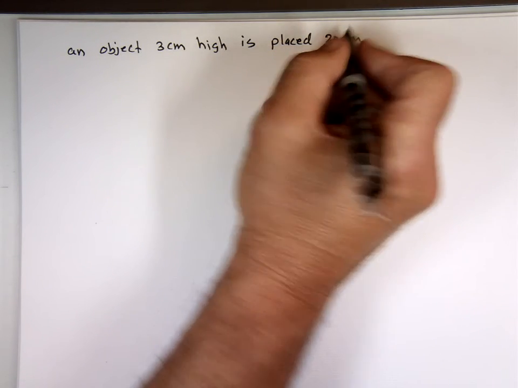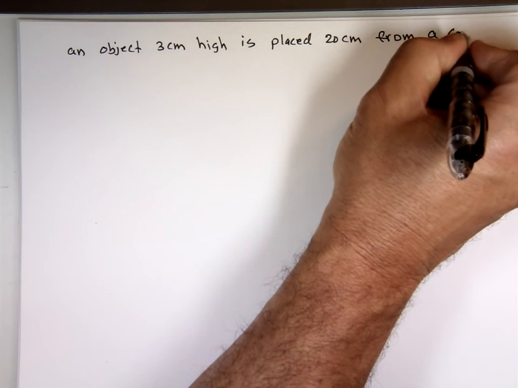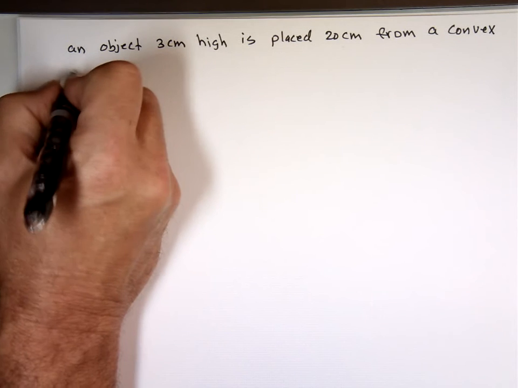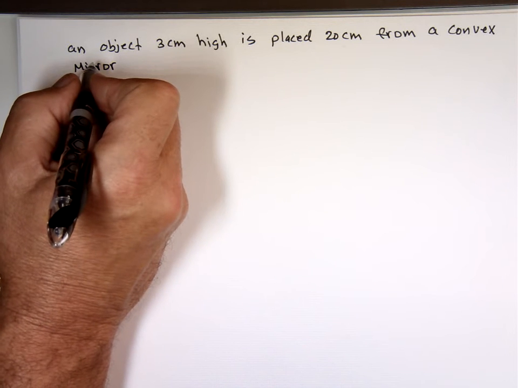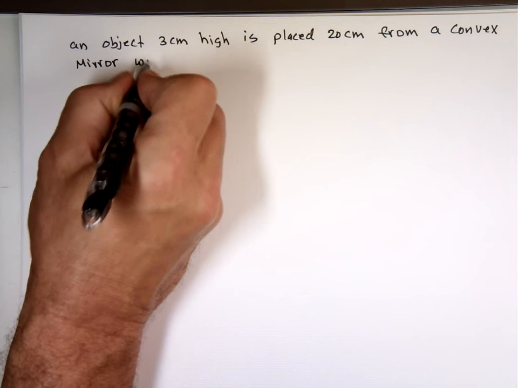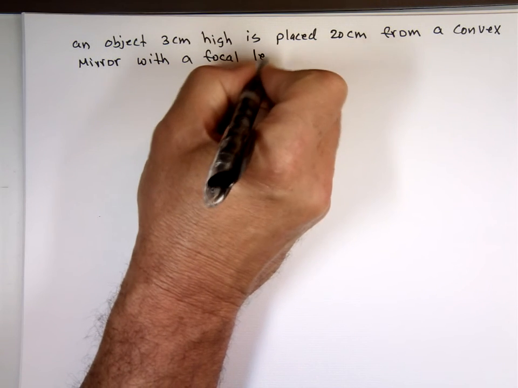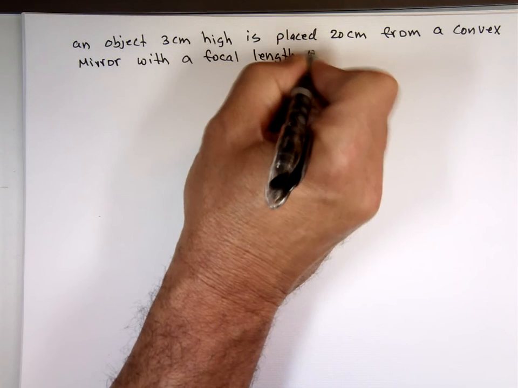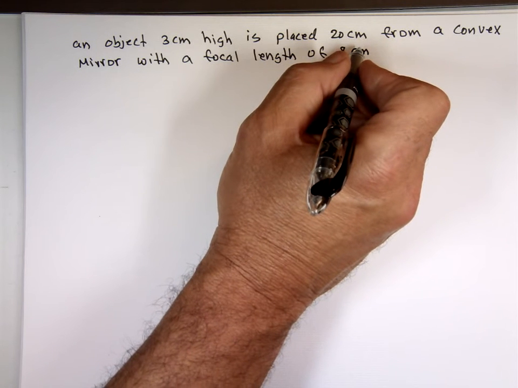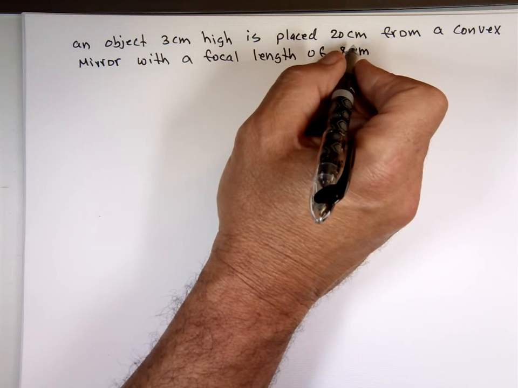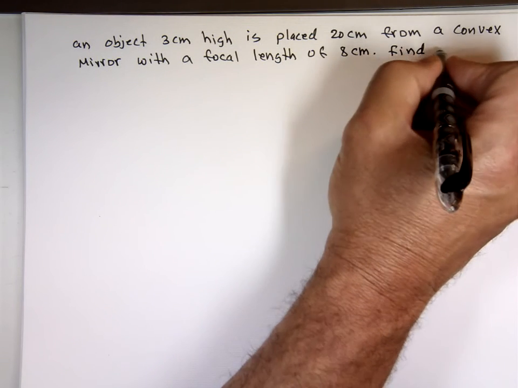Convex. With the focal length of 8 centimeters. Find A, the image, and B, the magnification.